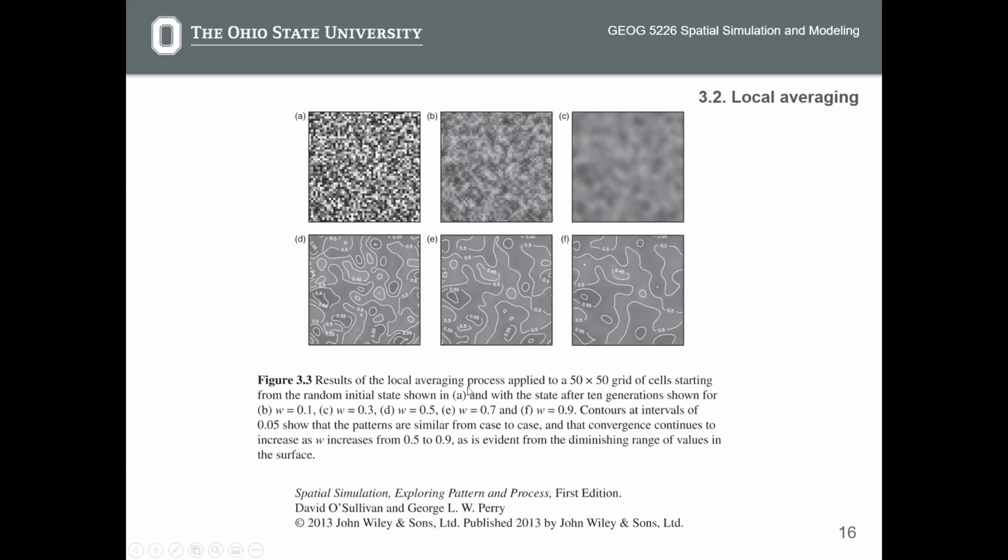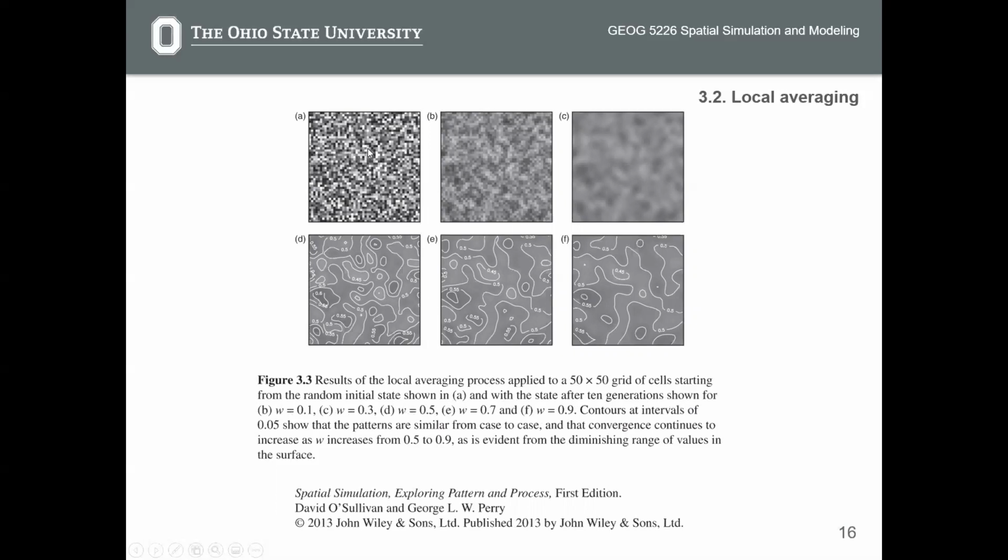These are the results of the local averaging process applied to a 50 by 50 grid of cells, starting from the random initial state shown in A. And the state after 10 generations is shown for B, C, D, E, F.